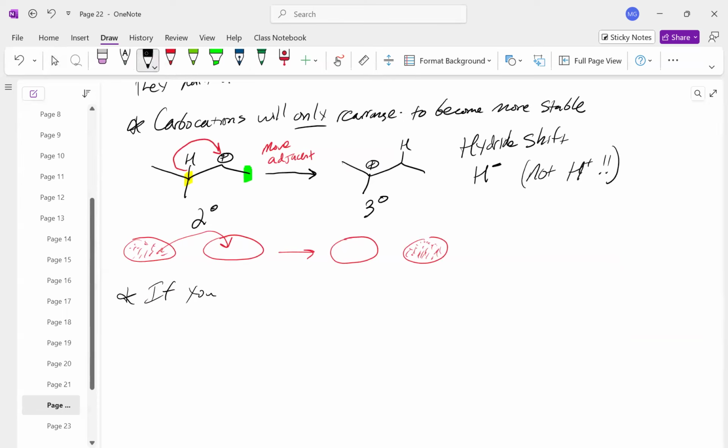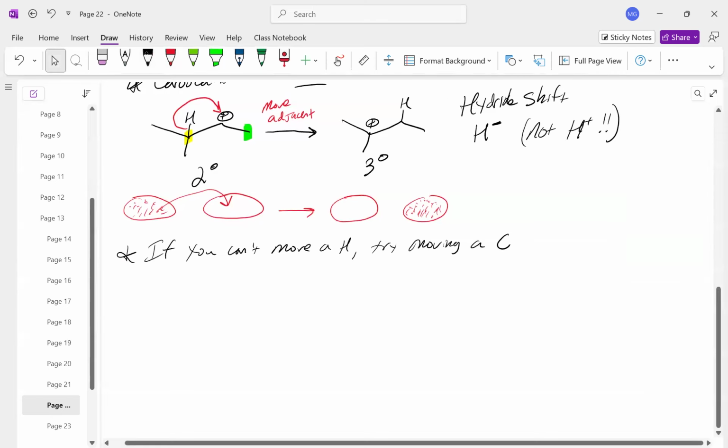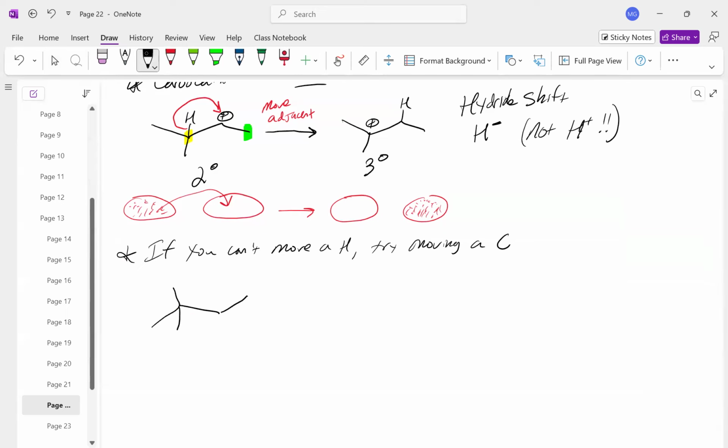Now, if you can't move a hydrogen, try moving a carbon. So I'm going to use a very similar type of example. But again, let's take a look at this carbocation here.